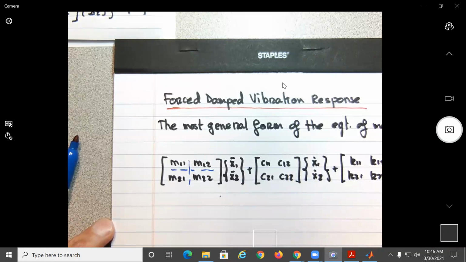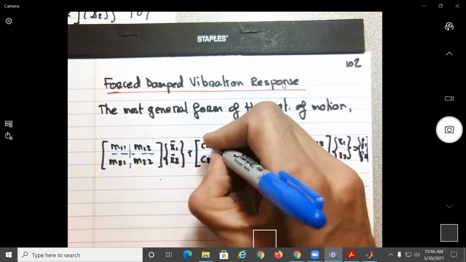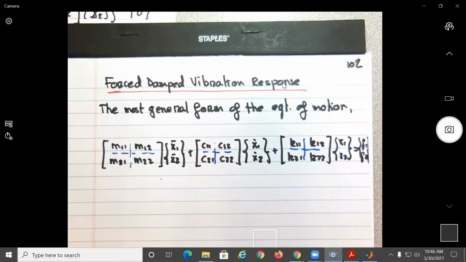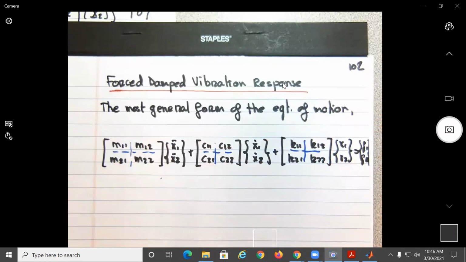F1, F2. Sorry for that. At the end is F1, F2, okay? But again, most of the time, this matrix is going to be symmetric, so the M12, M21 will be 0.